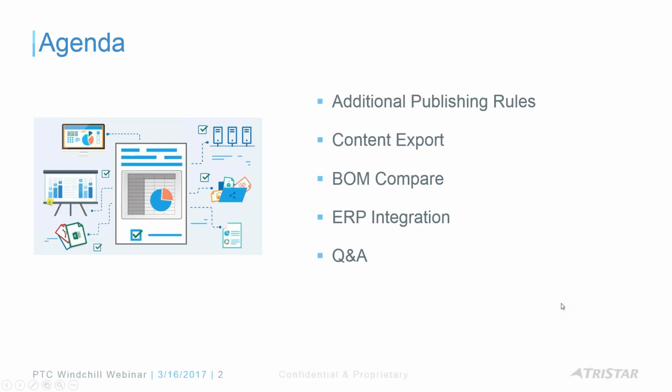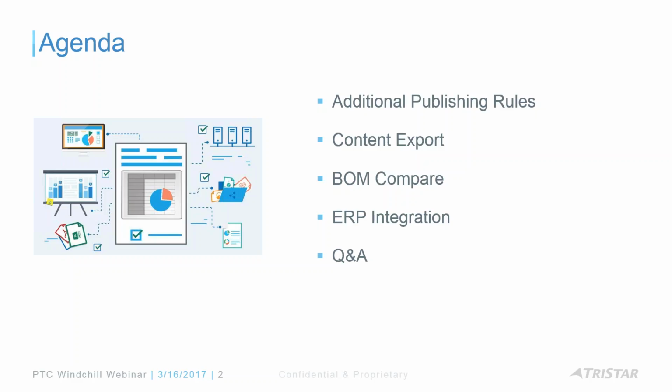I'll go through some of my content here first and give you a quick snapshot of what some of this could look like in Windchill. We're going to be talking about, especially when we're passing information between systems, how we can automate how that information is generated and the type of information that we're passing back and forth.